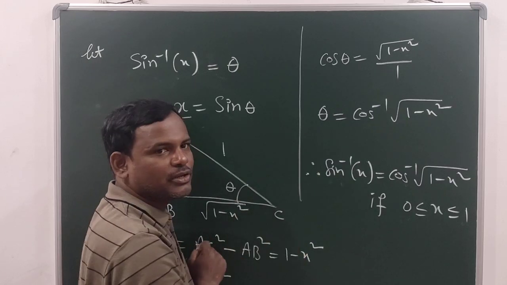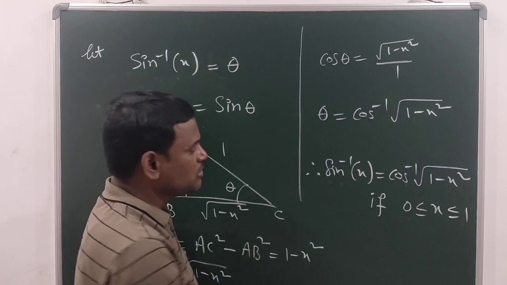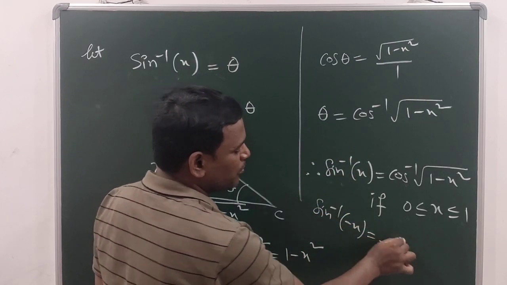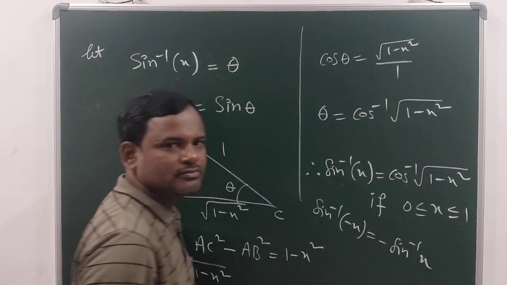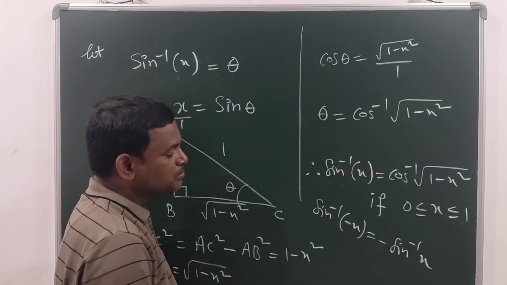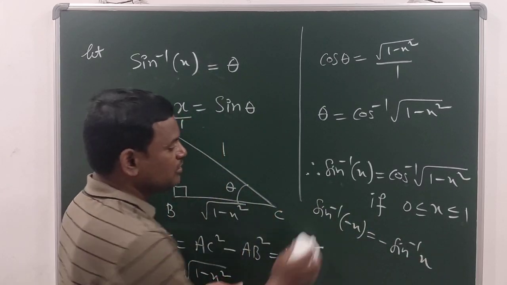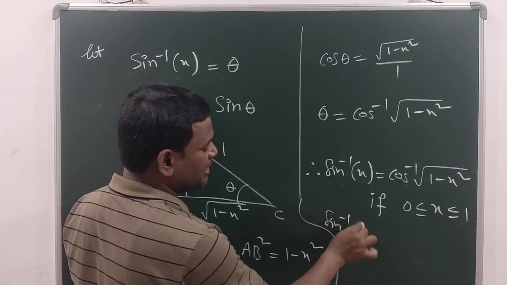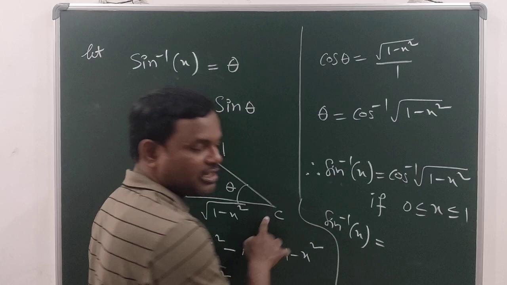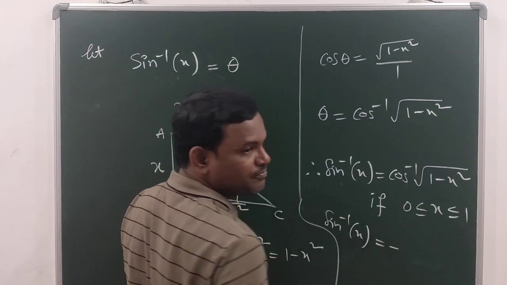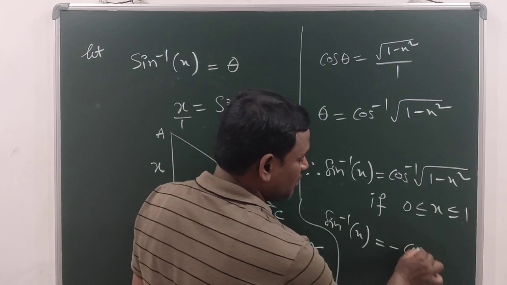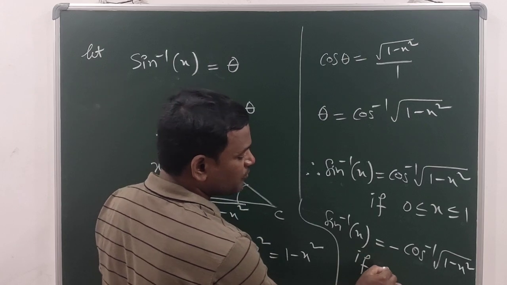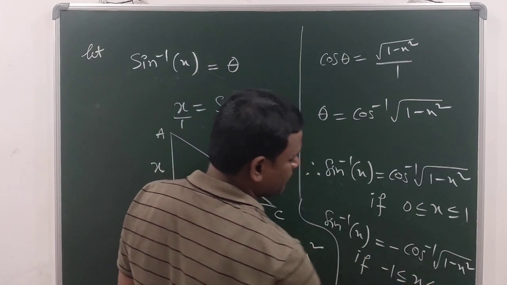So suppose x is negative. As per the identity, sin inverse of minus x is equal to minus sin inverse of x. So suppose x is negative, then sin inverse of x can be written, same like the previous one, as minus cos inverse of root of 1 minus x square if x value is minus 1 to 0.